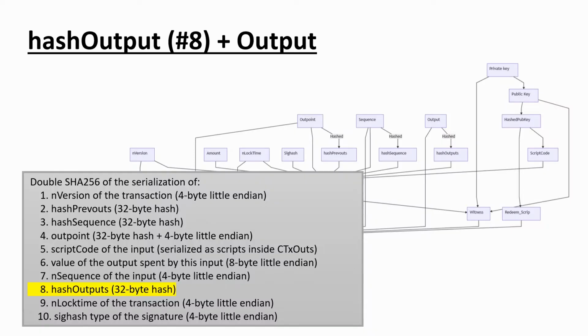In these steps, I'm going to create two items. The hash output, which is item number 8, and the output itself. However, only the hash output is used to create the witnesses field. And the hash output is, and I hope that you already guessed, the result of the double SHA-256 over the output itself. Now, the output is a field that we need to fill by ourselves.